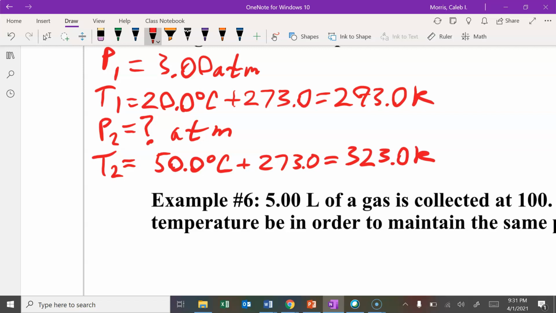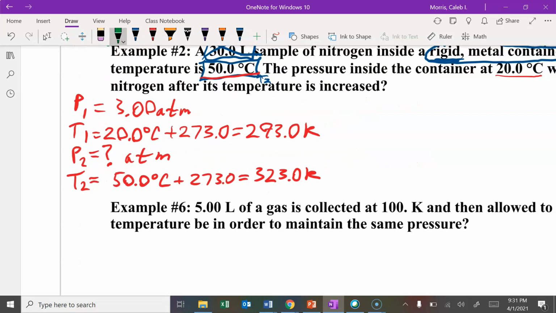Then we'll solve for it. So I have P1 over T1 equals P2 over T2, 3.00 over 293.0 equals P2 over T2, which is 323.0.